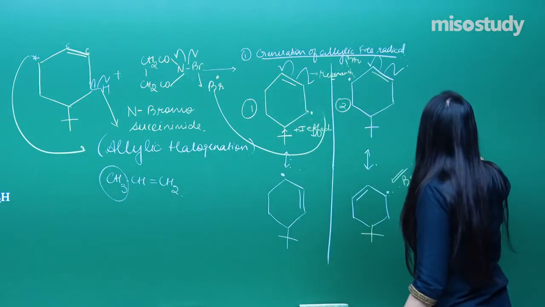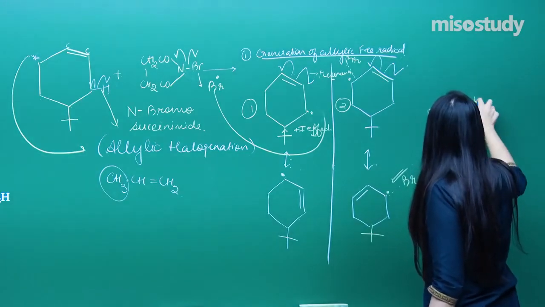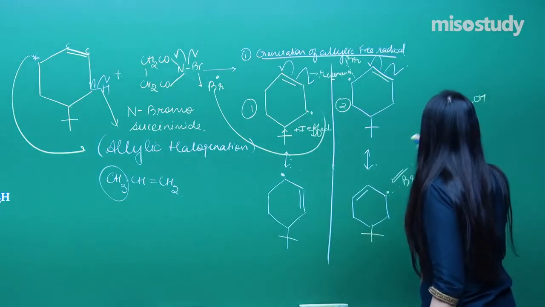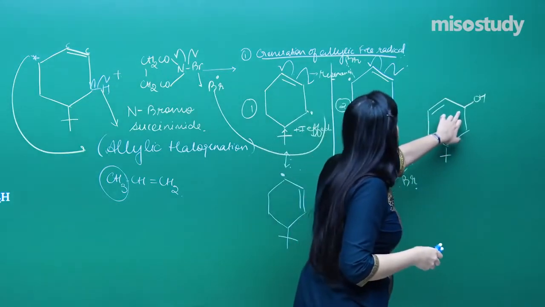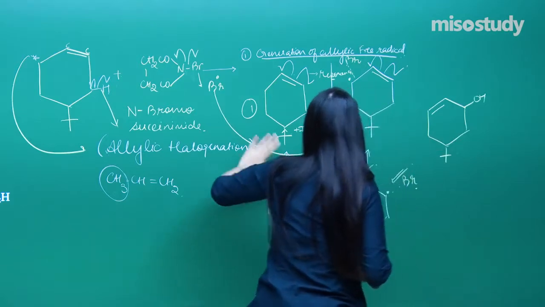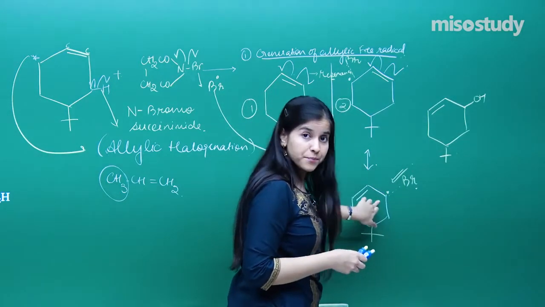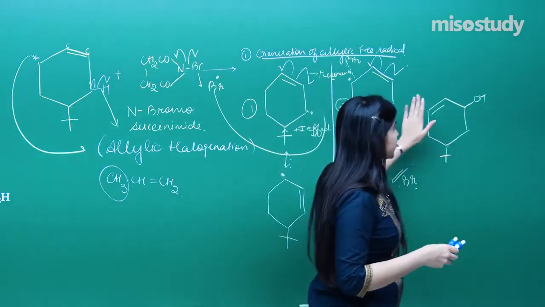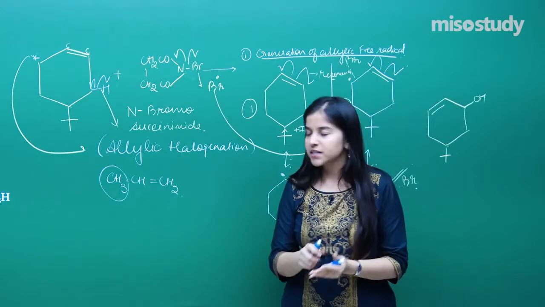If you look at the option carefully, I'll be having a double bond here. That is the option that we are getting. That means I'll be getting a generated radical over here. Where is the generated radical? It's this very step. That means this is my favorable product over here. I hope you all have got it.